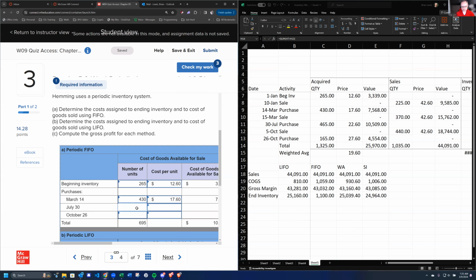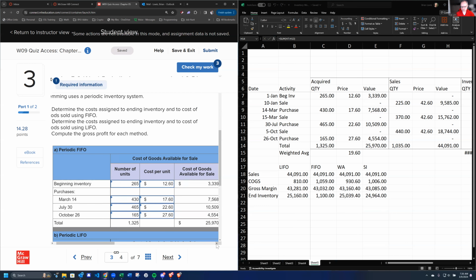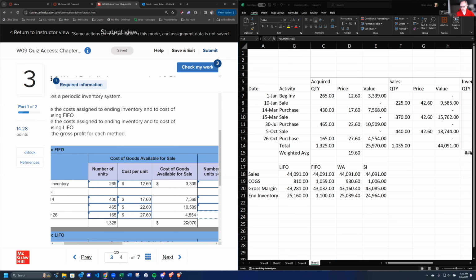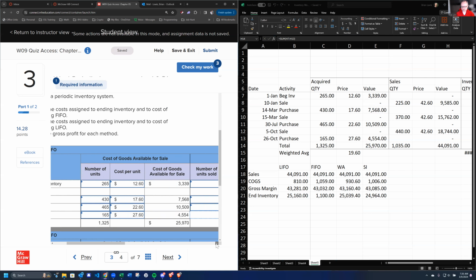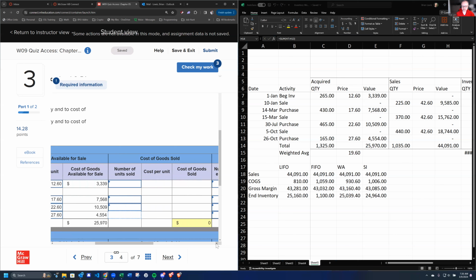And I've got July purchases of 465 at 2260. And I've got October purchases of 165 at 2760. Okay, so that should match up my side, 1325 and the 25,970. Okay, that's good.